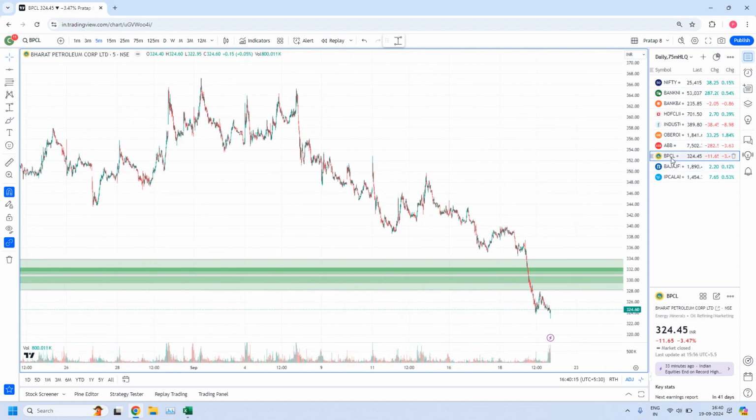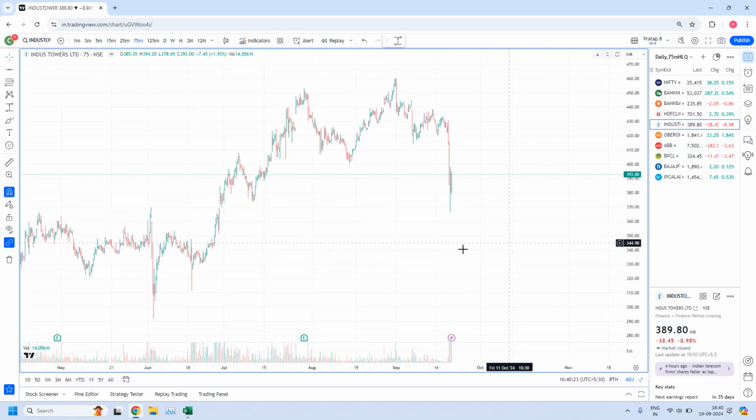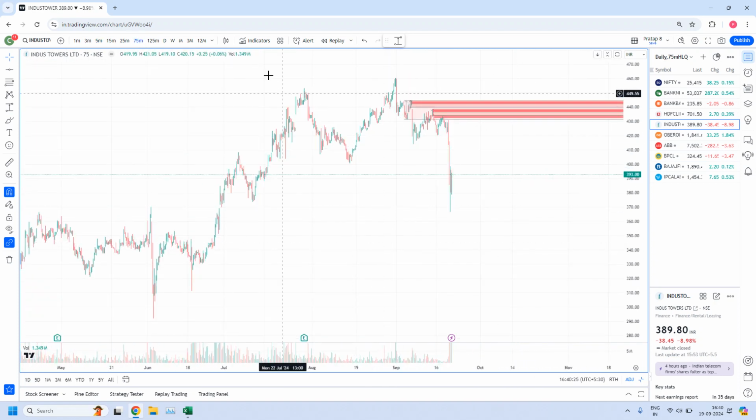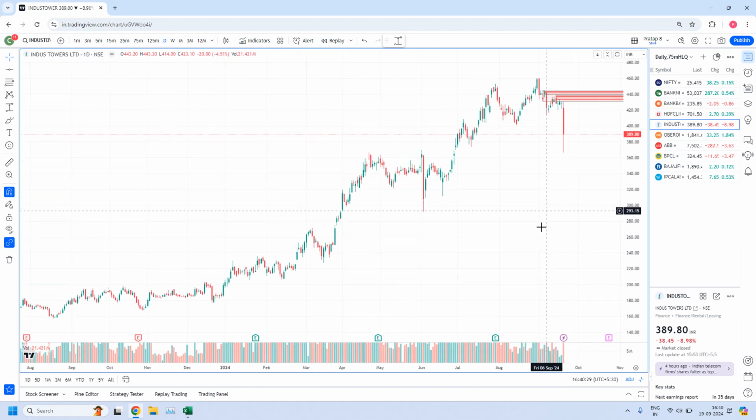Okay, IPCA, Bajaj Finance, BPCL, ABB, Oberoi Realty. Next, IndusInd Bank is a 75 minutes high liquidity supply zone. Sorry, this is a daily, I think. Not 75, a daily high liquidity supply zone.